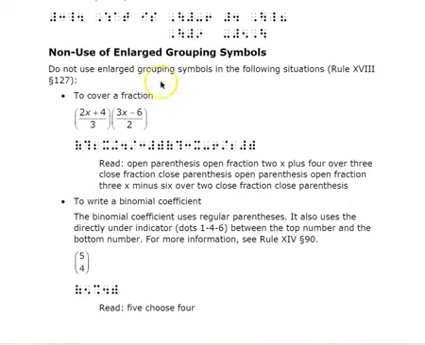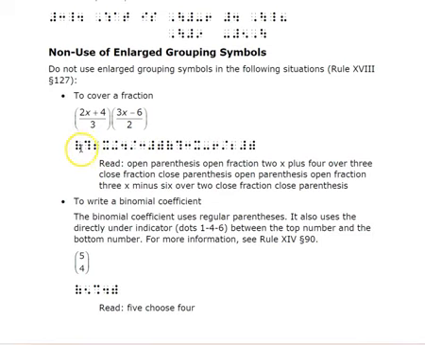We have non-use of enlarged grouping symbols. Do not use enlarged grouping symbols in the following situations to cover a fraction. Because this is a fraction, it's going to go linearly across the line. So it says 2x plus 4 over 3 times 3x minus 6 over 2.